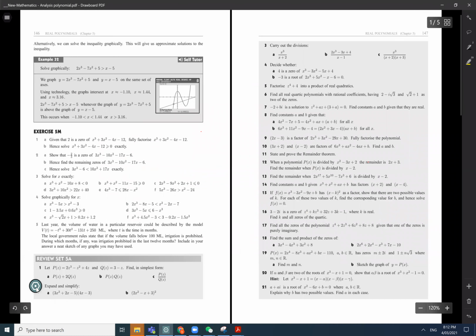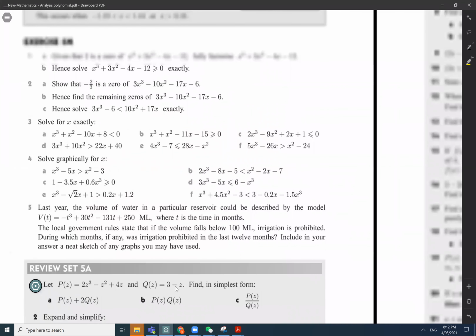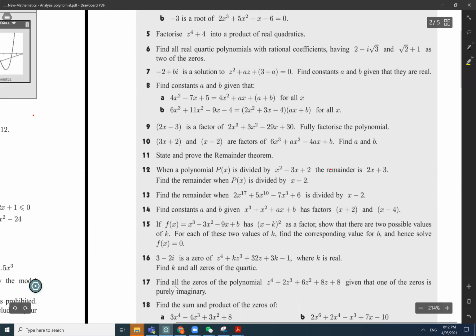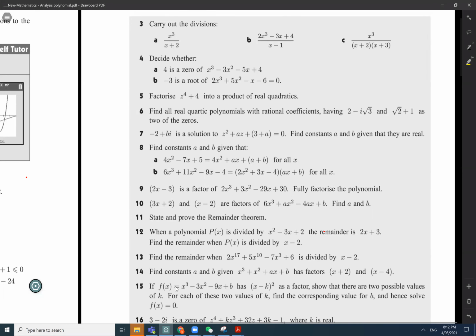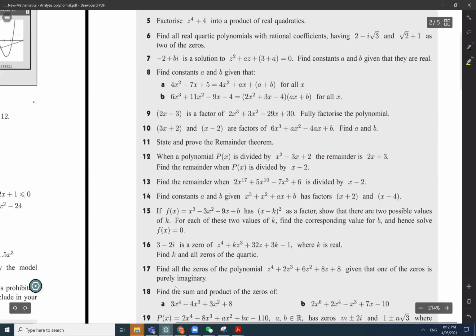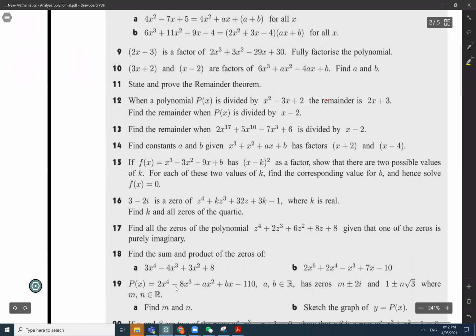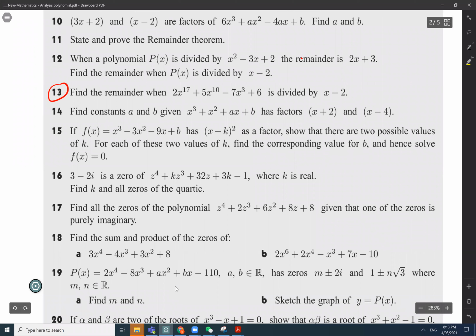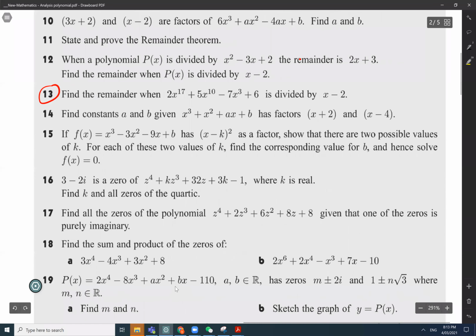Yeah, more school use this one. Okay. Let's check anything about the remainder. Number 13. Yeah, we try 13 first.